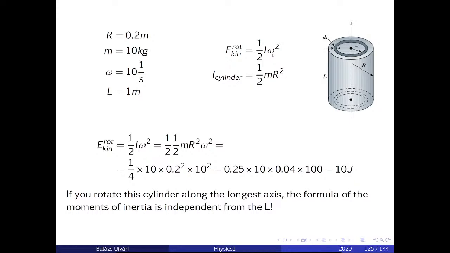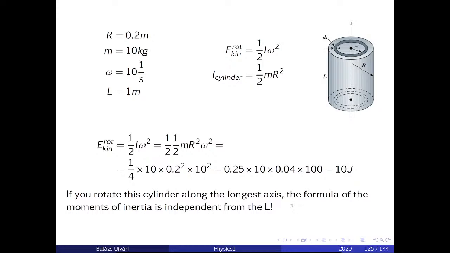We can easily calculate the rotational kinetic energy, just 1/2 I omega squared. The form is very similar to the translational kinetic energy, 1/2 mv², but in this case we also have to account for the shape of the body.